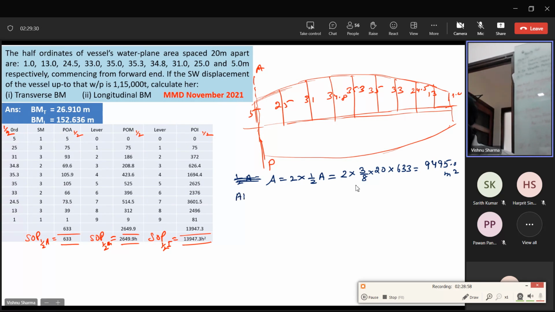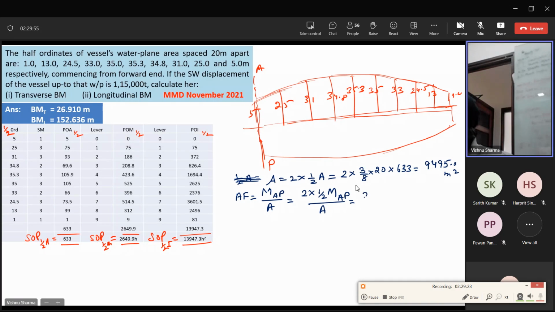So AF or LCF will be equal to moment of the water plane about after perpendicular upon area. What is the moment? It will be twice into half moment about. I'm just writing it so that the people don't have any confusion, because the table will give us half moment, they'll get cancelled out, don't worry.